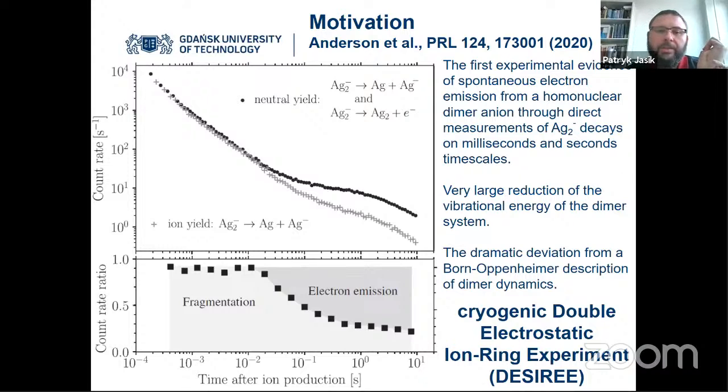In this experiment, for the first time, it was possible to see spontaneous emission from a molecular anion dimer, which was a little bit surprising because in this system there is no crossing between the ground states of the anion dimer and the neutral dimer, and no avoided crossing.